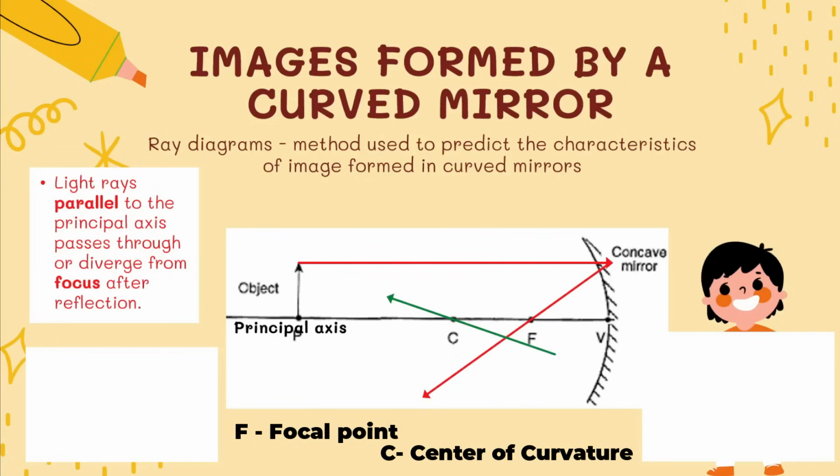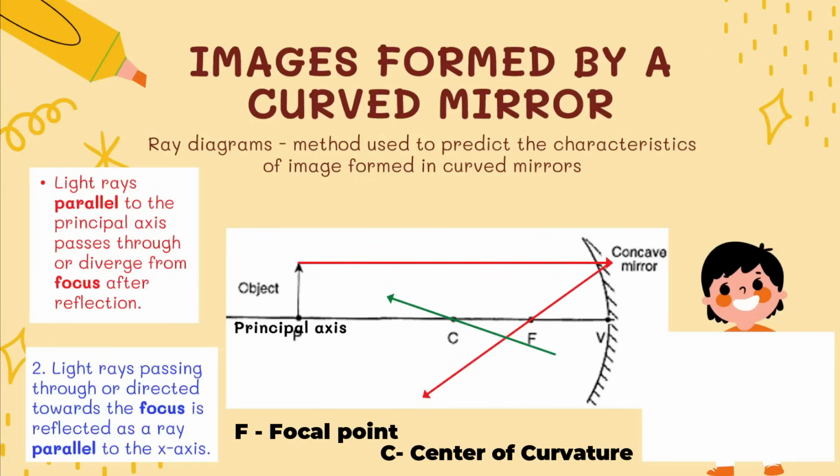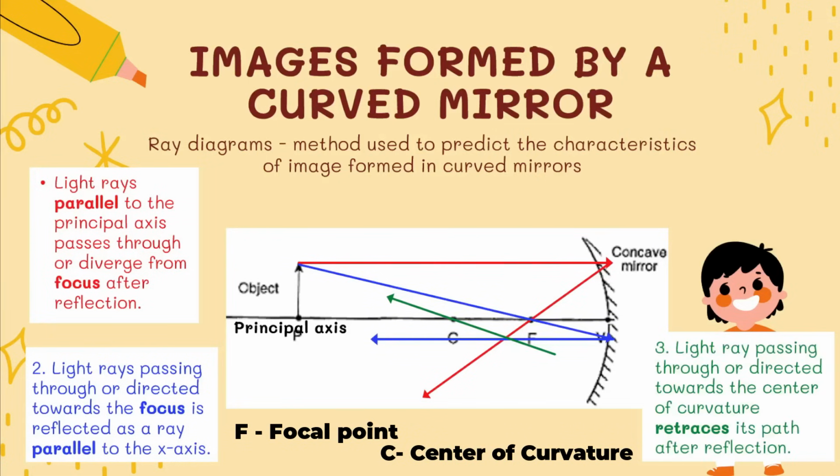Okay, next rule. Light rays passing through the focus will be reflected parallel. So pag nag-pass through si light ray kay focus, lalabas siya ng parallel naman sa principal axis. And then the third line, a light ray passing through or directed towards the center of curvature retraces its path after reflection.